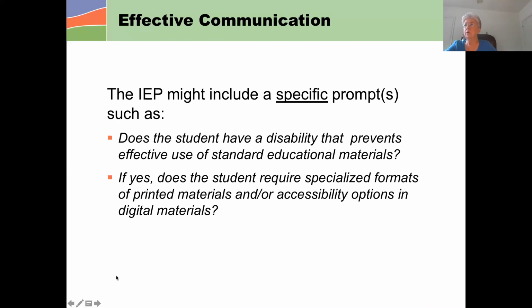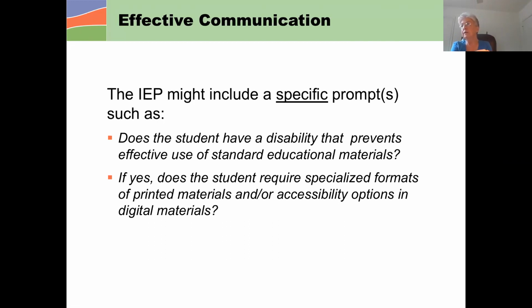Okay. So one thing that you might do is that you could put a specific prompt in your form, such as, does the student have a disability that prevents effective use of standard educational materials? And then they would address that issue and put it in the IEP. If yes, does the student require specialized formats of printed materials and or accessibility options in digital materials?